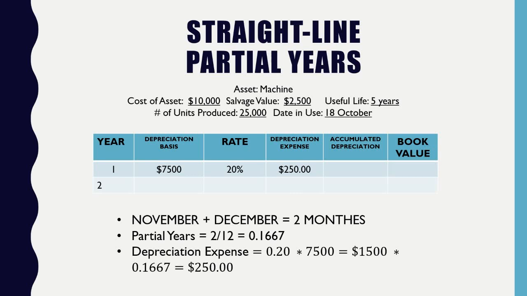I got to figure out what 2 divided by 12 is, which is 0.16667. Again, you could just take your depreciation expense of 1,500, multiply it by 2, and divide the whole thing by 12.